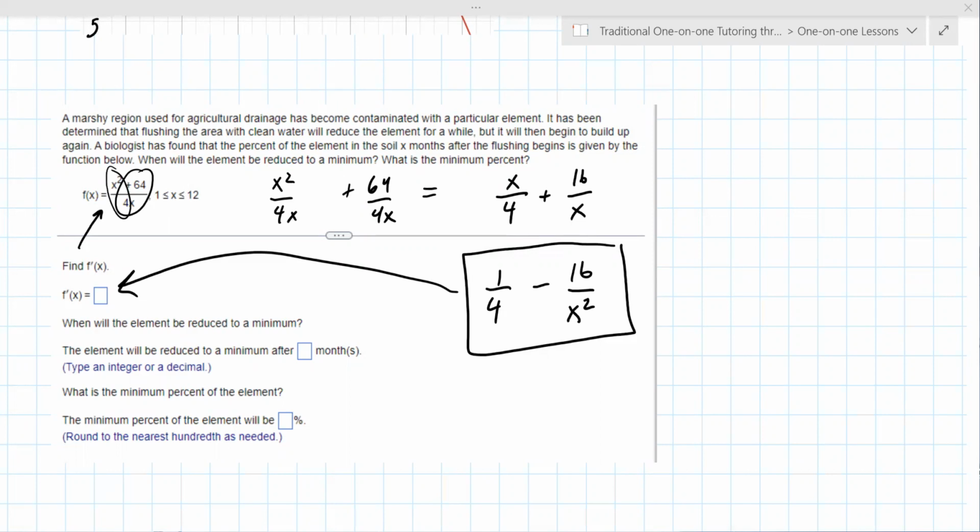So let me get this going. x squared plus 64 over 4x, good from 1 less than or equal to x less than or equal to 12. And then we'll change our window. Zoom out just a tiny bit more. Okay, here we go.